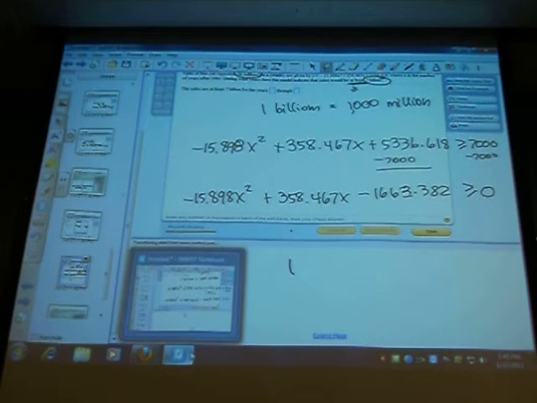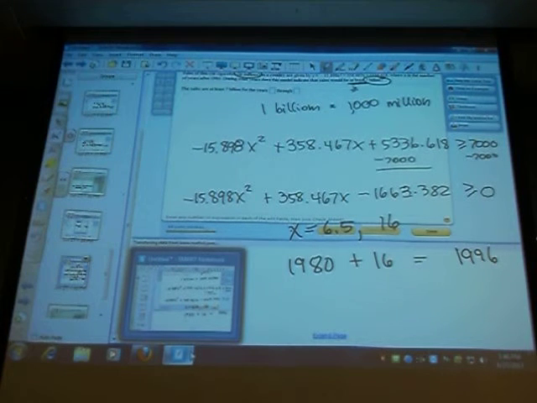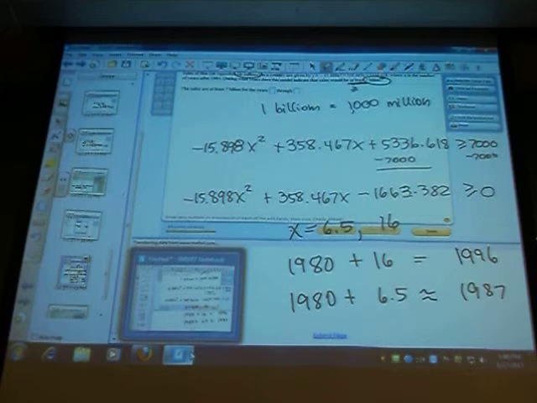You gotta round up the years. So 1980 and 16 is 1996, and that would round to 1987. I'm gonna do 1987 to 1996 on mine.